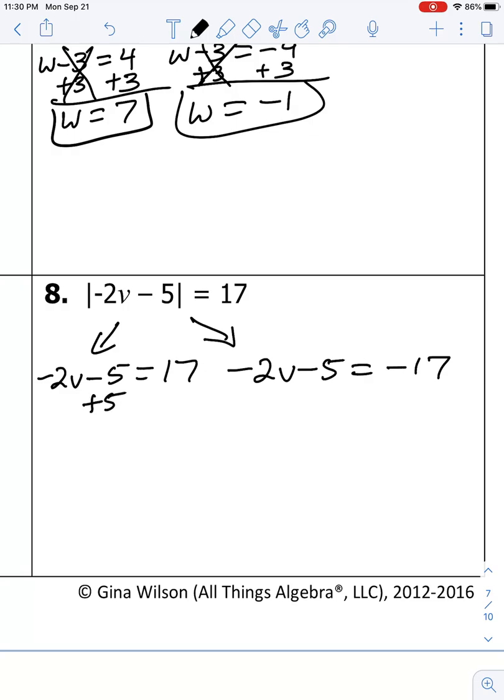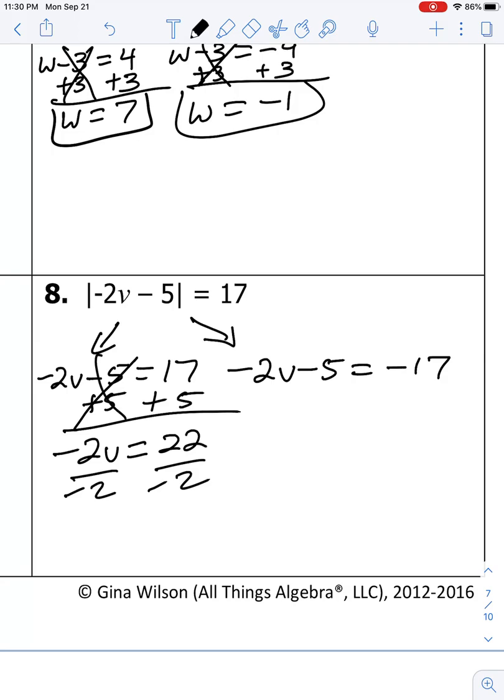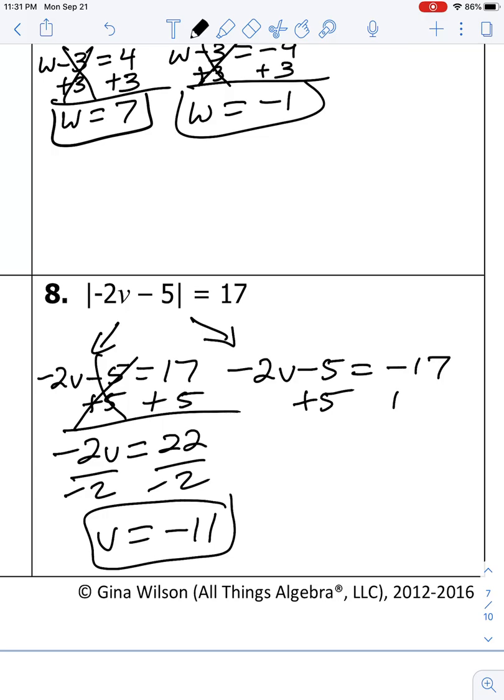So here we're going to add 5. So we get negative 2v equals 22. Divide by negative 2, v equals negative 11. And now we go the other one. So we're going to add 5.